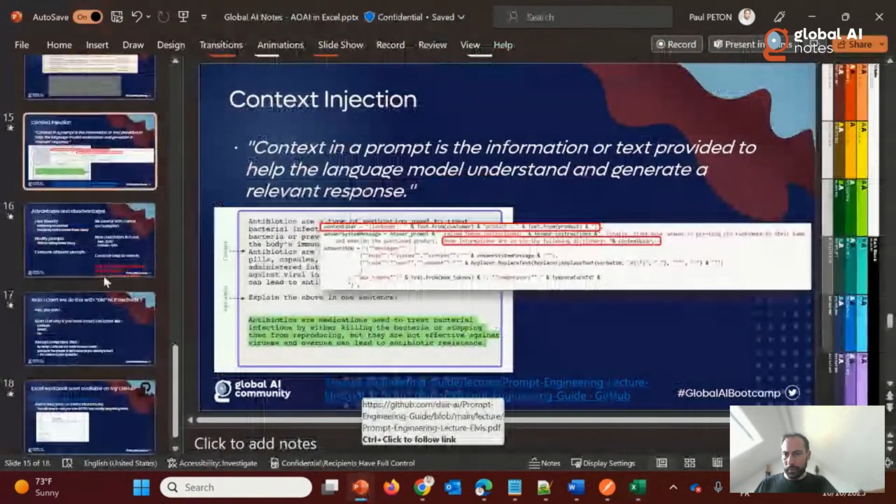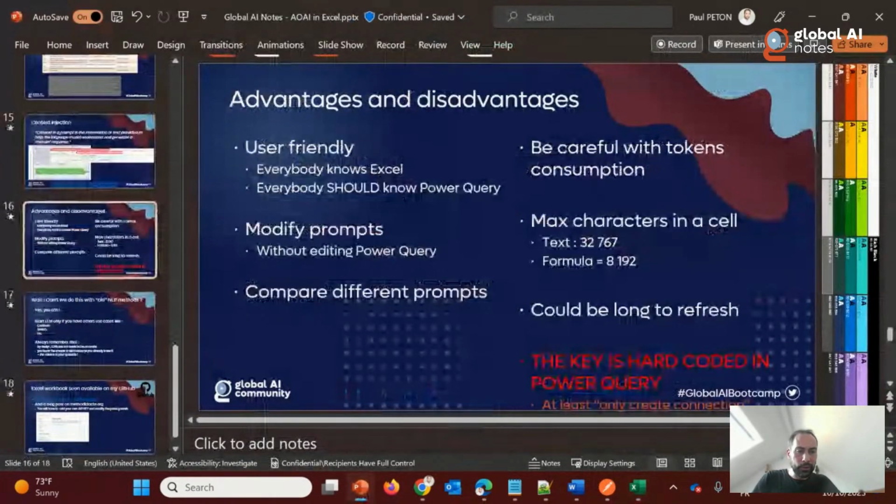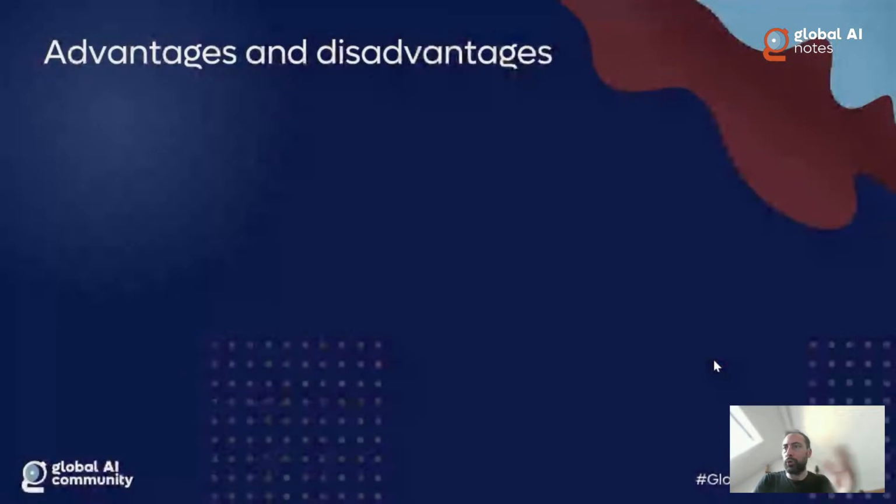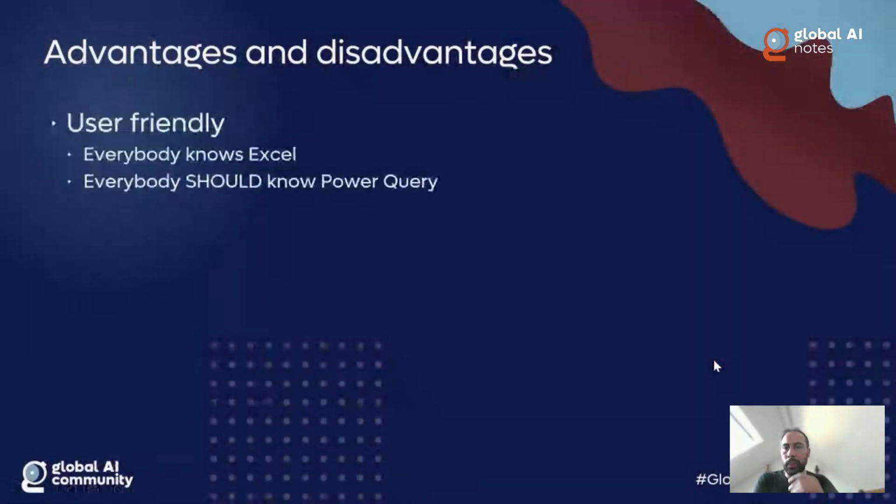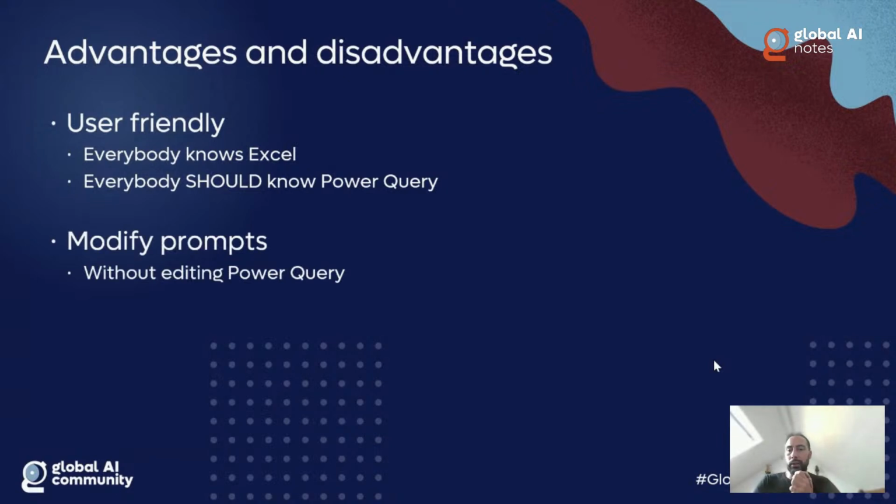But in a few words, let's conclude about the pros and cons of this method. I think it's very user-friendly, because you just have to manipulate some Excel cells and write a prompt which is natural language. It can help if you know Power Query, but it's not necessary.